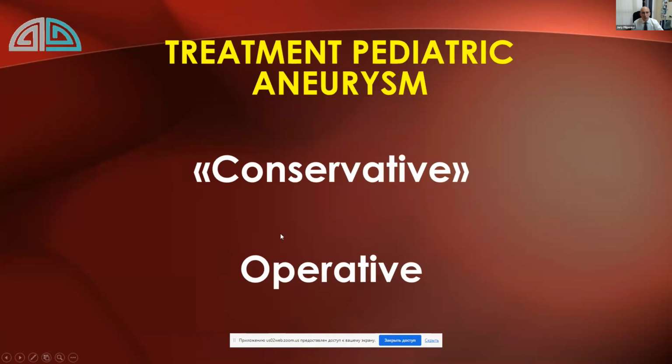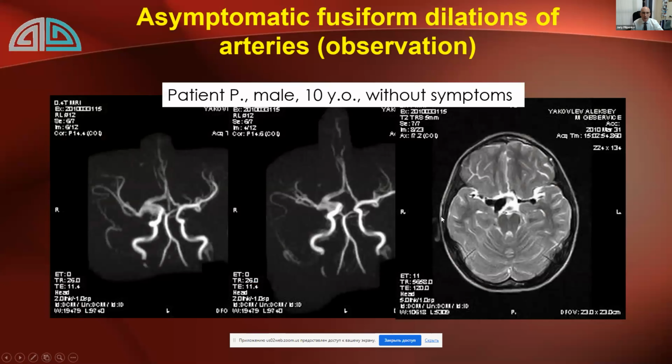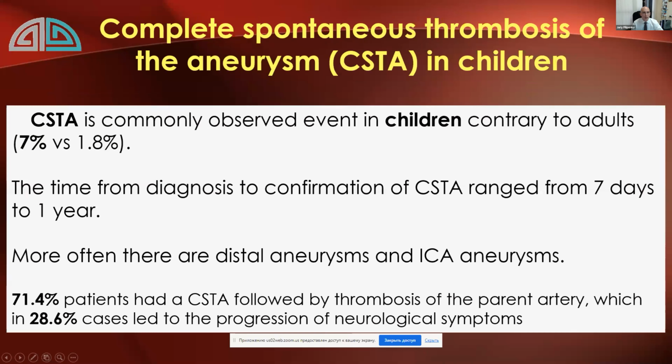About treatment, of course, there is no conservative treatment, but sometimes we leave such cases for observation, especially in patients without symptoms. Another situation is when we diagnose complete spontaneous thrombosis of an aneurysm.